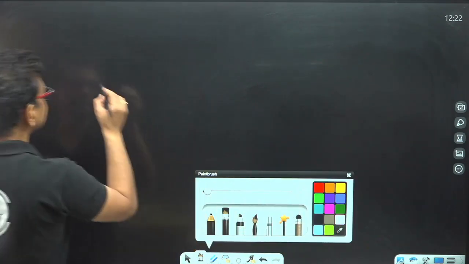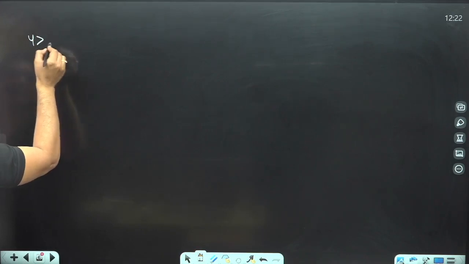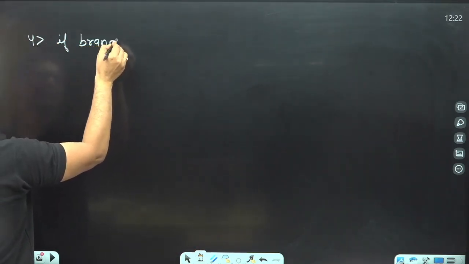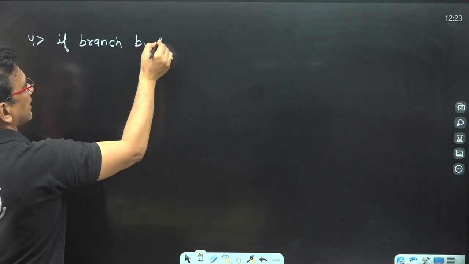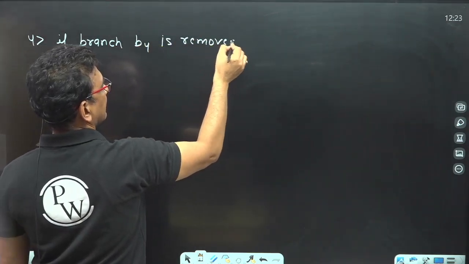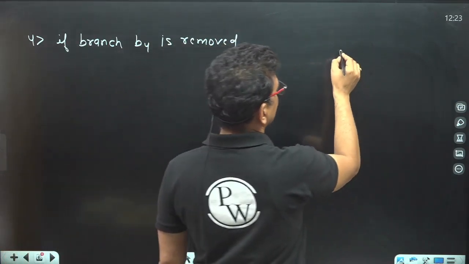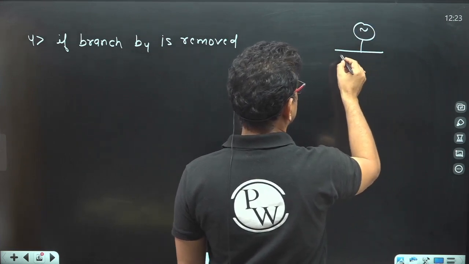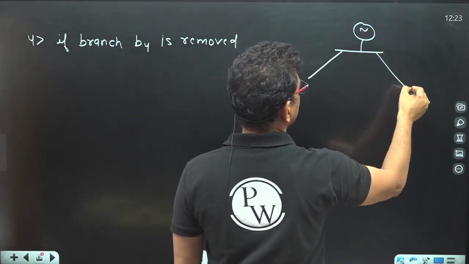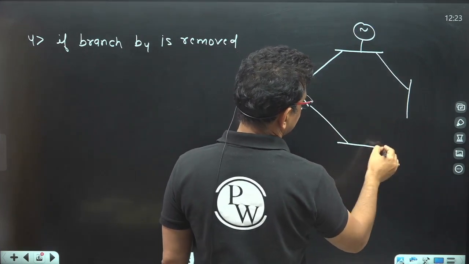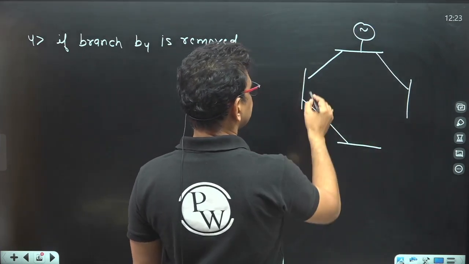Now if the B4 branch is removed, B1, B2, B3 remain and this branch is removed.